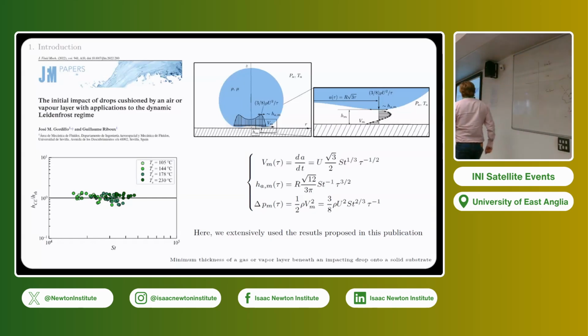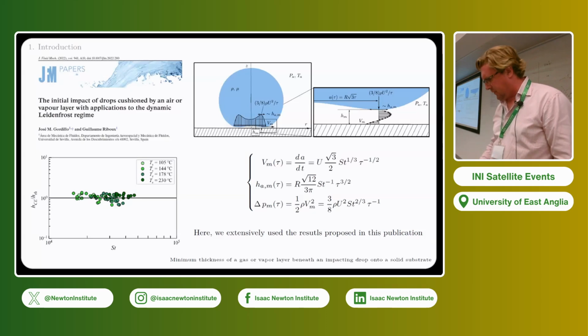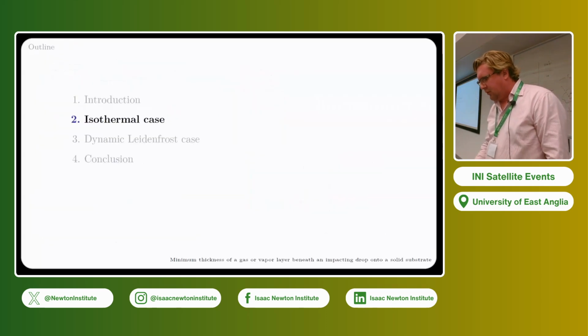We have the length of this region, which is called Hm, and in this region we have an overpressure, which is called delta Pm.